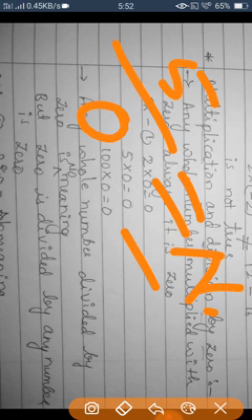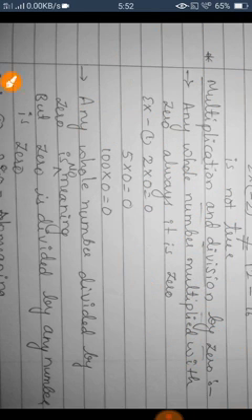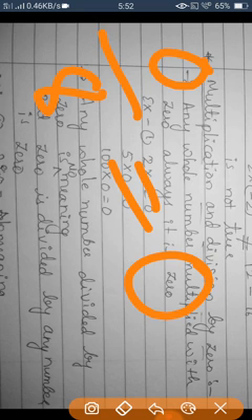It doesn't have any value. In place of 5 you can choose any whole number, it is meaningless. But 0 divided by 8, with 0 in the numerator, we can write as 0. 0 divided by any whole number gives 0 only.